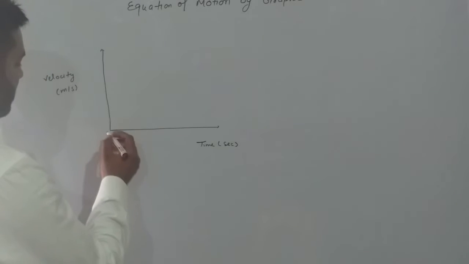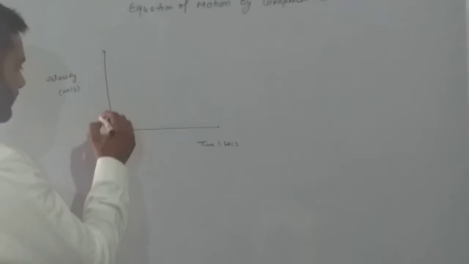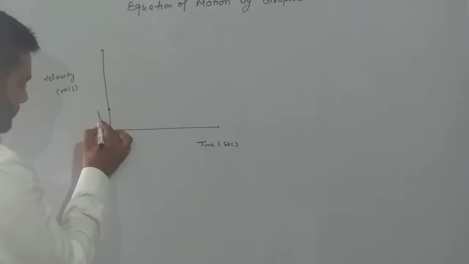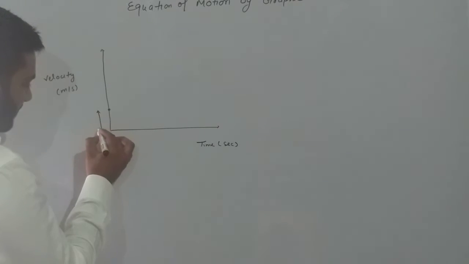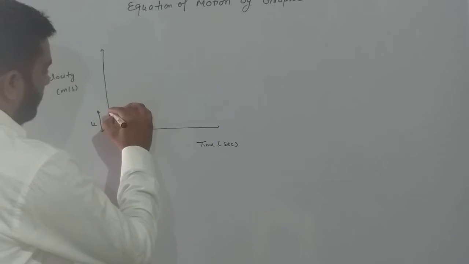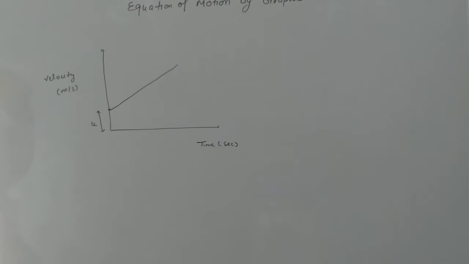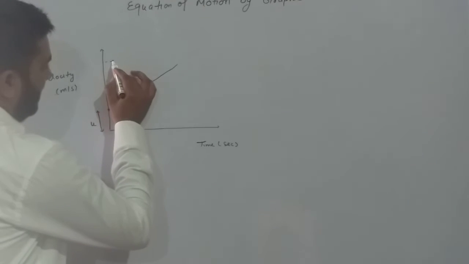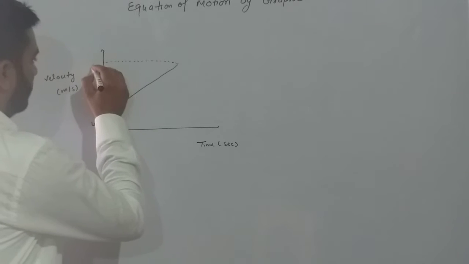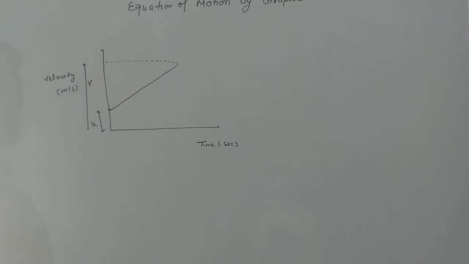Dear students, we have considered an object which is having some initial velocity. So let an object have some initial velocity. This is the velocity u. Now the object starts to move with uniform acceleration, and this is the velocity v.